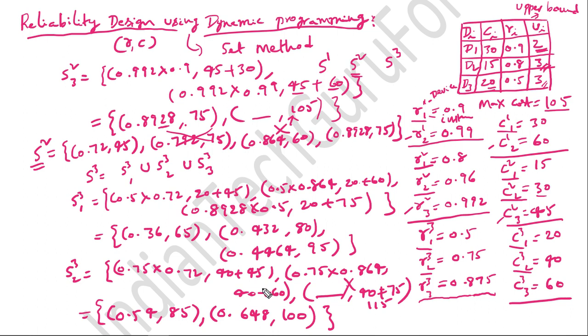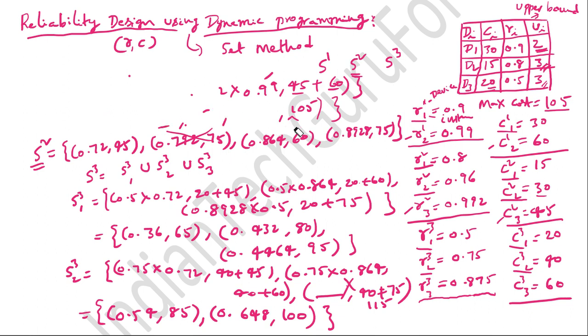Similarly, we need to calculate S power 3 suffix 3. So let me have some space for that. I am deleting S power 2 suffix 3, which has been already calculated. So after calculating S power 3 suffix 3, we can calculate the value of S power 3.